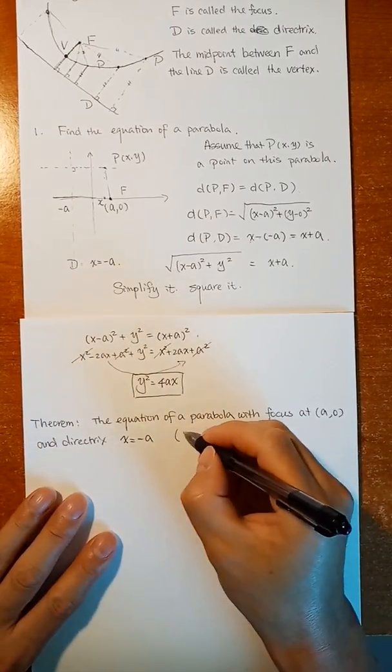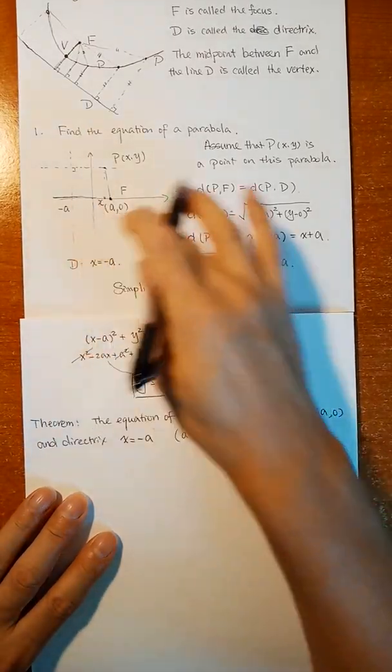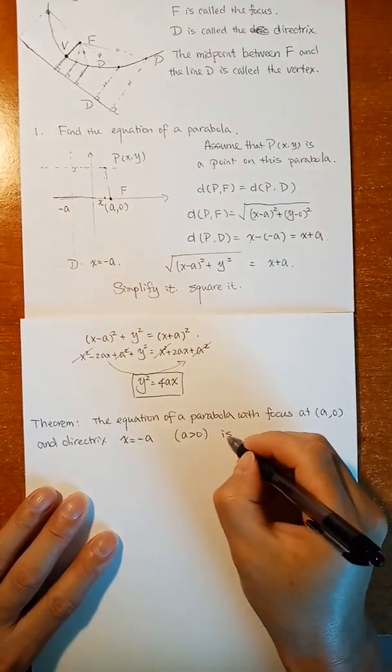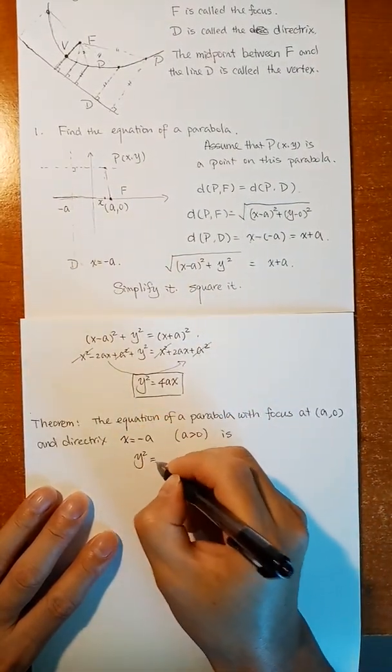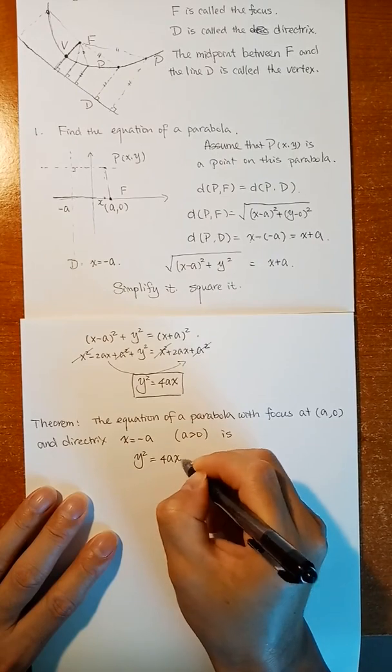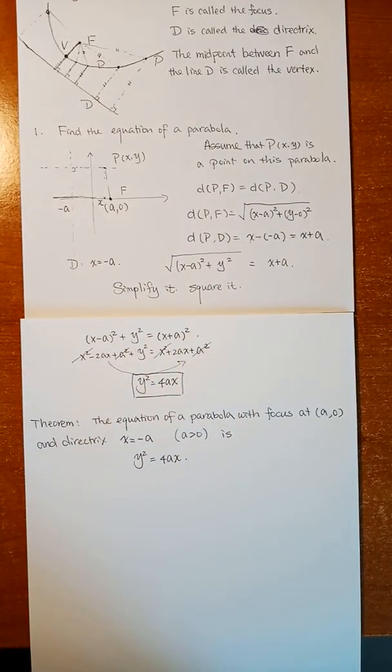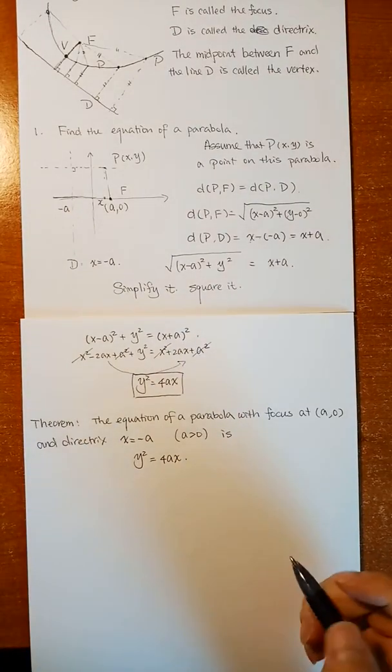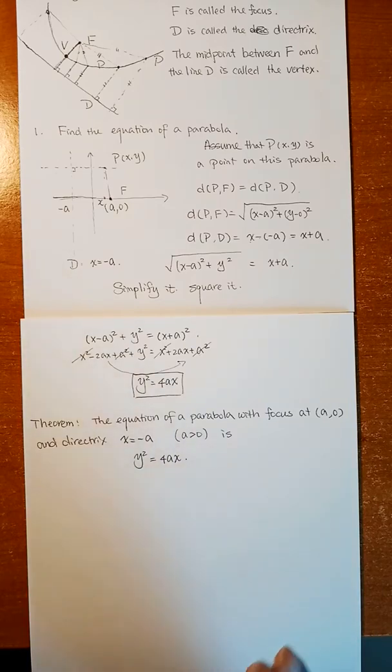Of course, here we require a positive. This setting is y squared equal to 4ax. Y squared is equal to 4ax. You see? Very, very simple.